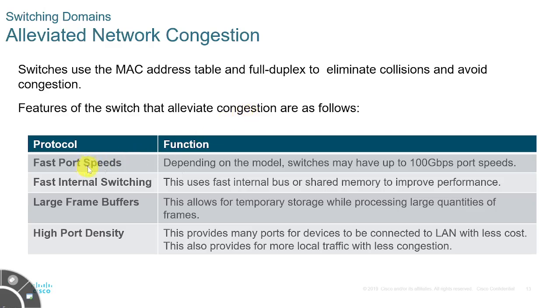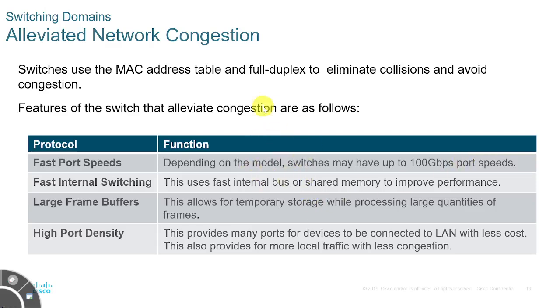For example, we use high speed ports. We encourage switches that use high speed ports, starting from, for example, 100 gigabit per second speeds, because if it's very fast, you will not have congestions.